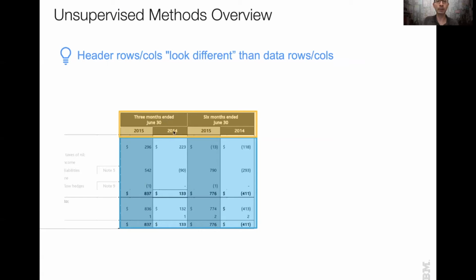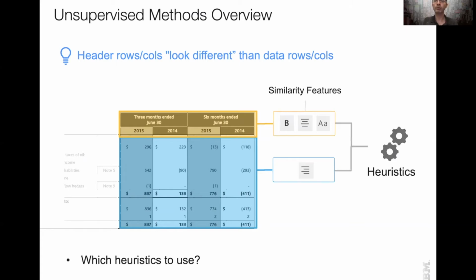There is difference in bold information. There is difference in the containment of alphabetic characters, etc. So the idea behind unsupervised methods is that we first extract some features about the rows or columns, and then we feed them into heuristics that try to distinguish between headers, header cells and data cells.